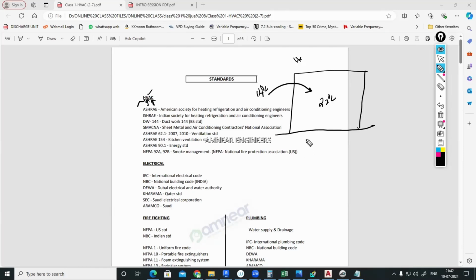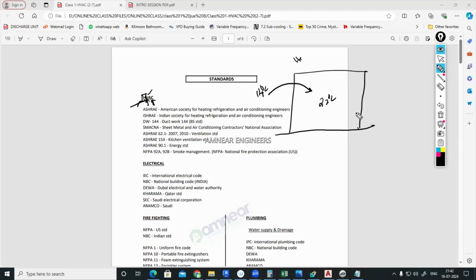Whatever the heating medium you use, whether an electrical heating coil, hot water with a boiler system, or radiant heating, we have to heat the spaces. What equipment we can use to heat the spaces, how we can do the heating, and the heating load calculation, everything related to heating we'll discuss in the H part.